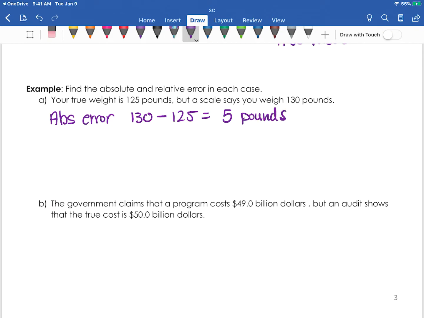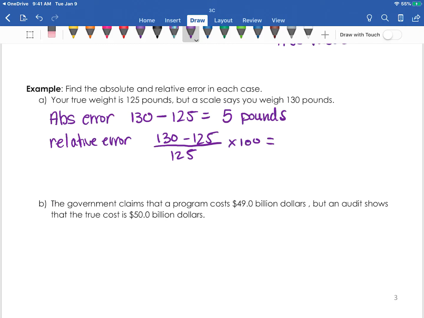There's a 5-pound difference error. Now, if we were to figure out what it was in terms of percent, we're going to take the measured value minus the true value, divide by the true value, and then multiply by 100 to put it in terms of percent.